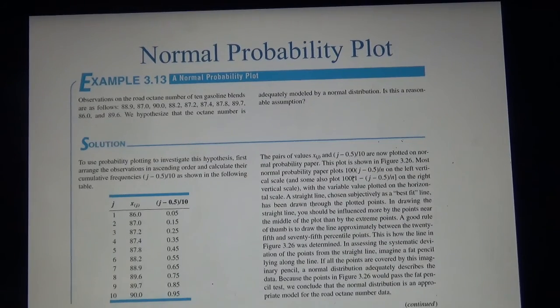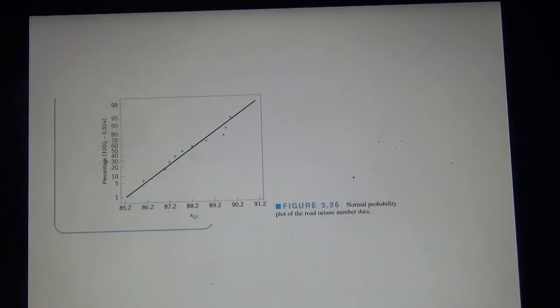The normal probability plot is very important because we mostly use normal distributions. We would like to understand how the points behave, and whether they fit the normal distribution or not.